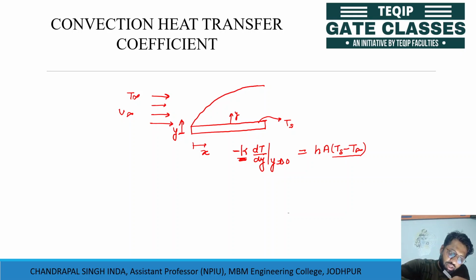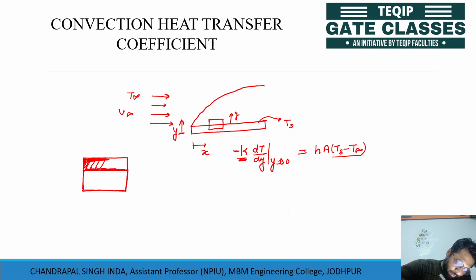Therefore we enlarge this area and take a cut section from this portion. This is a solid surface, and at the interface there is a fluid. This darker section represents the fluid.